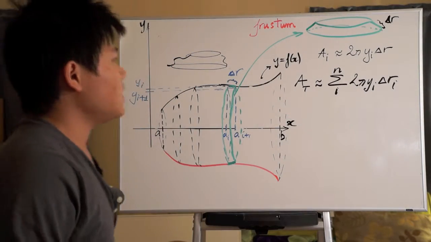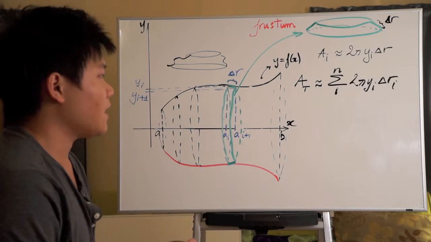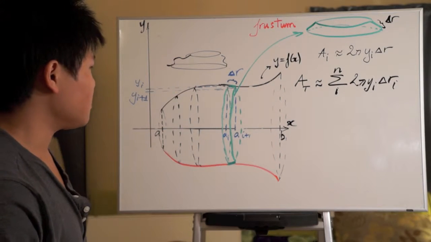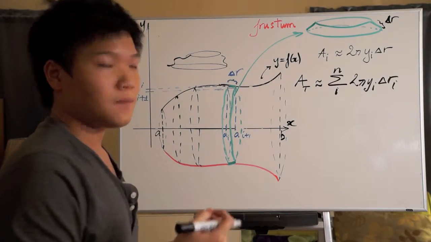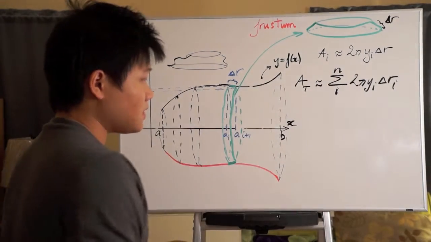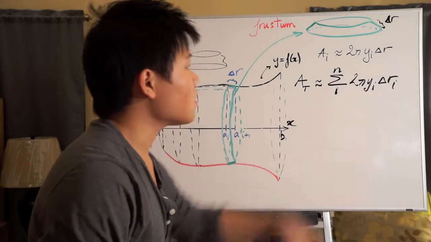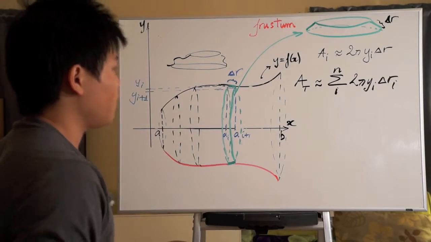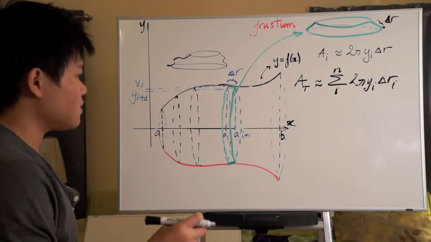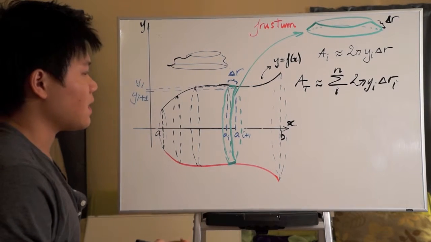But the thing is, we don't stay at the estimation. We want some concrete values and some definite values. So we're going to put the limit on it. What happens to n as n approaches infinity, and what happens to delta r as delta r approaches 0? Because we want these to be as small increments as we can get.